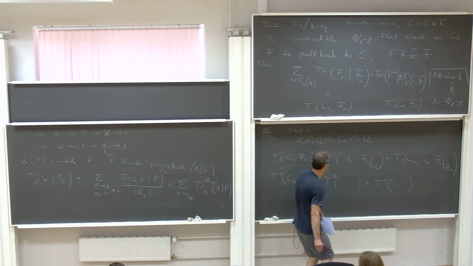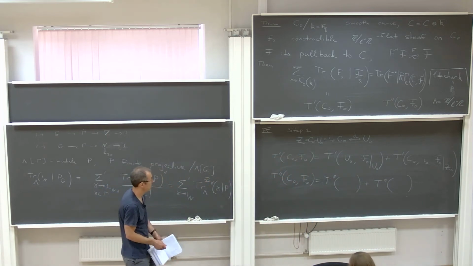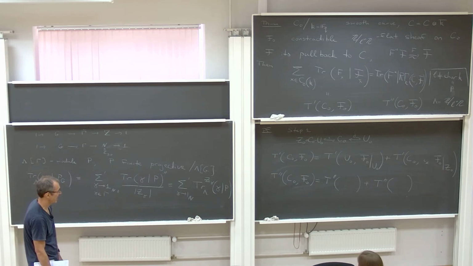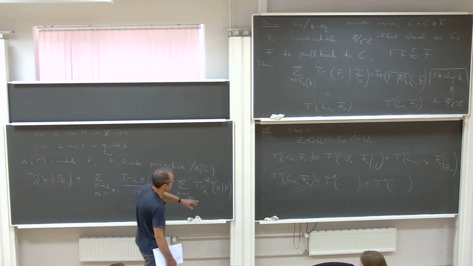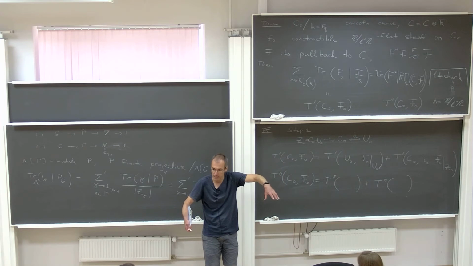Okay. So look. Didn't we convince ourselves at some point that the trace is not additive on short exact sequences? Well, this is a good question. So it's not additive in the sense that if you have an exact triangle in the derived category of perfect complexes and an endomorphism of this exact triangle, then it's not additive.